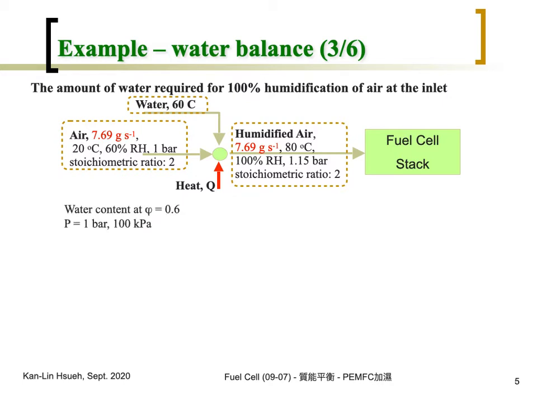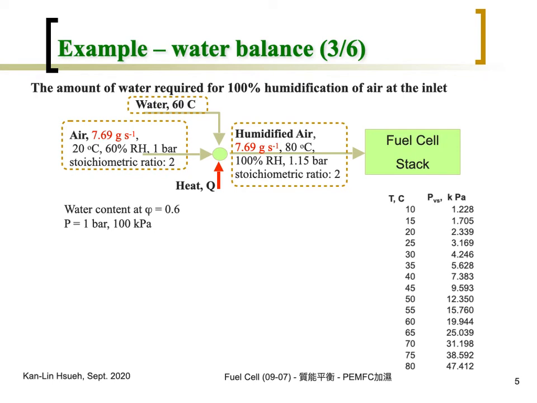For the water content, the relative humidity is 60%, so phi equals 0.6, and the pressure is 1 bar, 100 kilopascal. And this is the water vapor at different temperatures; we call this a steam table, part of a steam table.